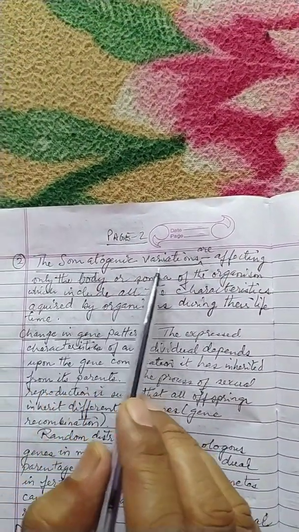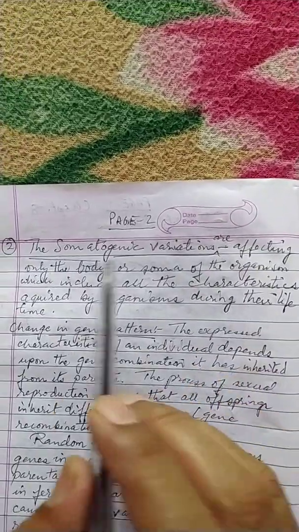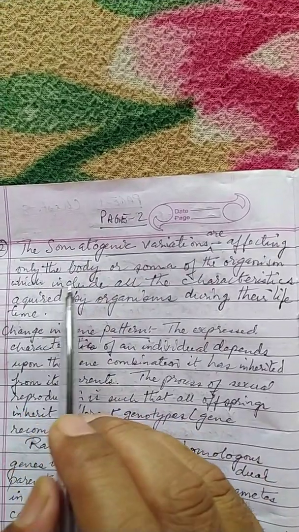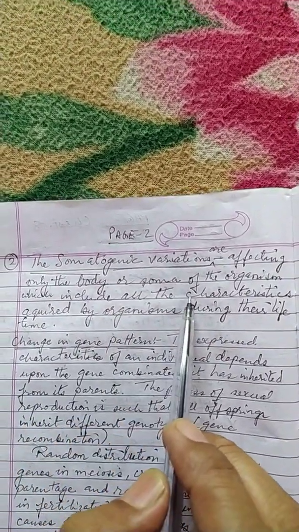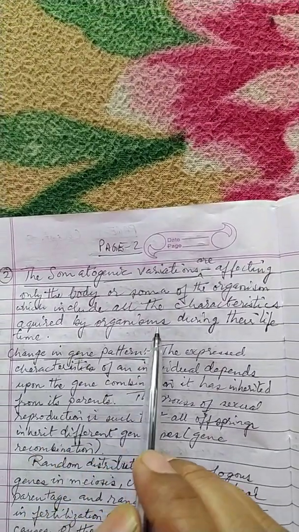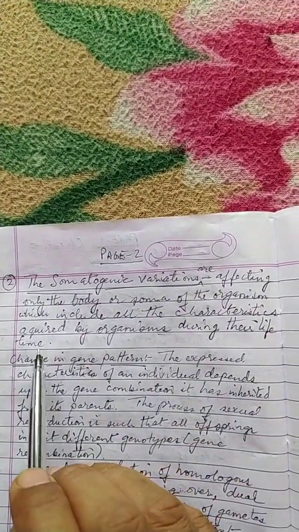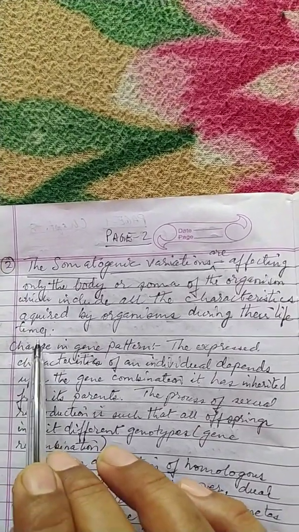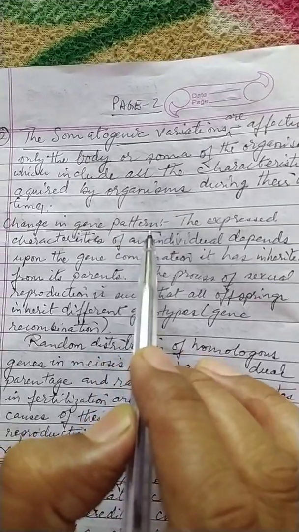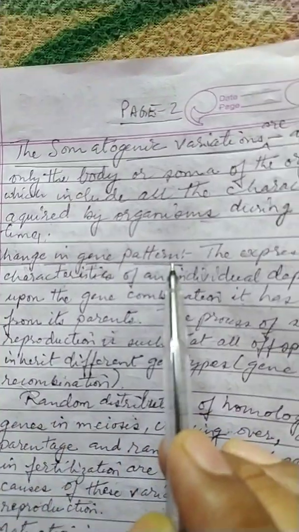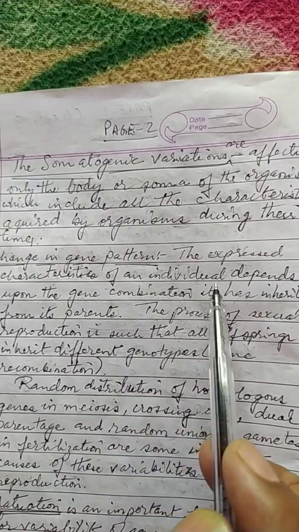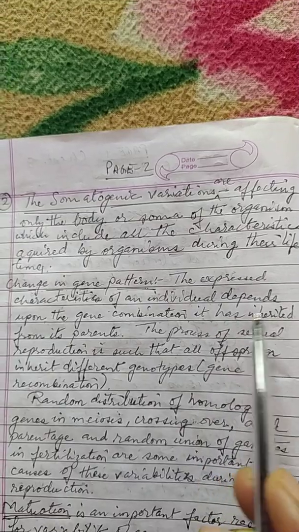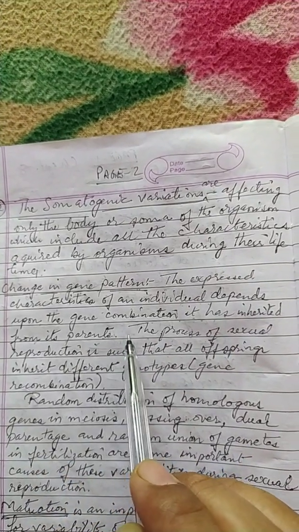Somatogenic variations affect only the body or the soma of the organisms, not the sex cells, and include all the characteristics acquired by organisms during their lifetime. We see that there is a certain change in gene pattern. The expressed characteristics of an individual depend upon the gene combination it has inherited from its parents.